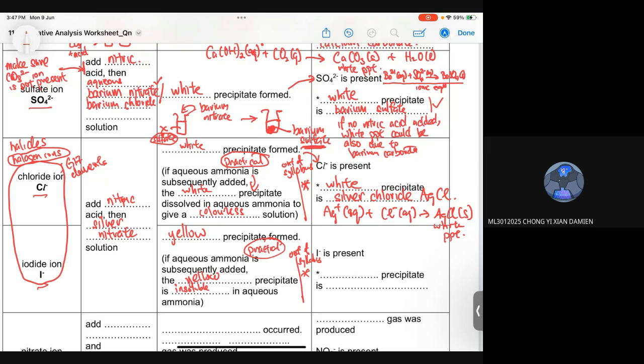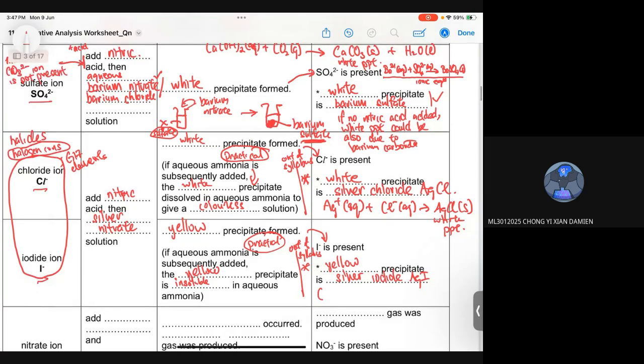So by having the yellow precipitate, you will know that iodide is present, because the yellow precipitate formed is silver iodide, AgI. I'm going to write the ionic equation. Silver from the silver nitrate plus iodide from the solution they are testing will give you AgI solid, which is your yellow PPT.